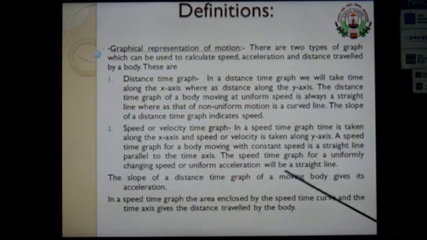A speed time graph for a body moving with a constant speed is a straight line parallel to the time axis, and that of non-uniform motion will be a curved line. The slope of a speed time graph of a moving body gives its acceleration.